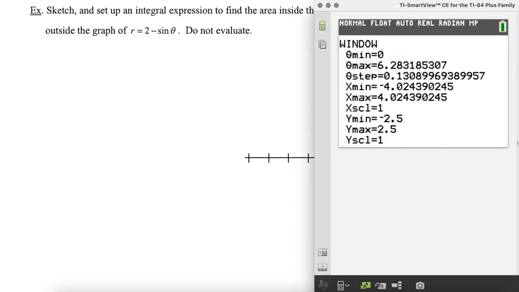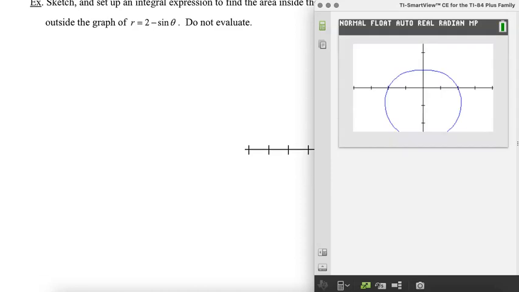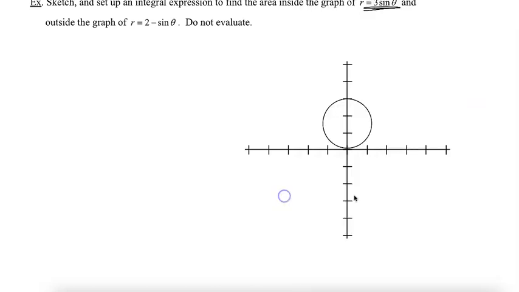And if I look at my window, it's going from 0 to 2 pi. I didn't trace it any more than once, so I know my interval is 0 to 2 pi. But these circles, the 3 sine theta, that will actually complete in 1 pi. All right, let's see. I had 1, 2, 2, 3, weird elongated circle thing. Again, the graphs do not have to be very pretty. Mine is super ugly.